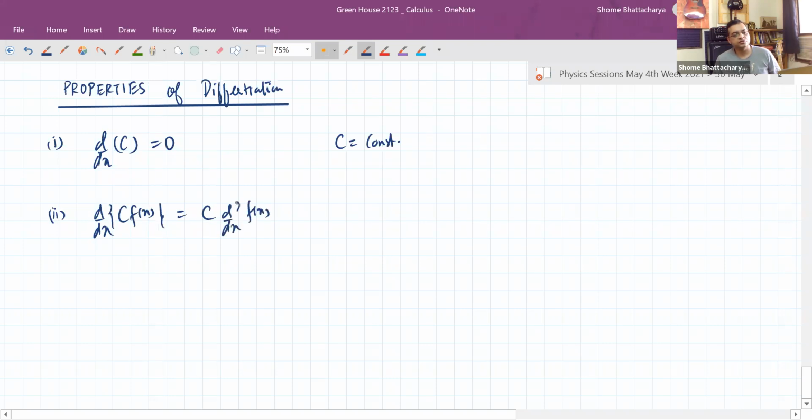differentiation of the function. And third thing we had seen was that differentiation of the sum of two functions is equal to differentiation of the first function plus differentiation of the second function.